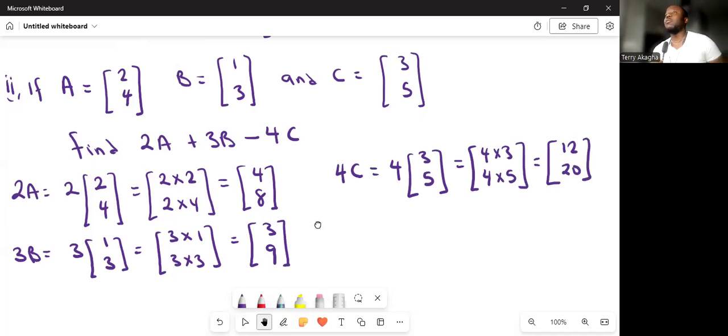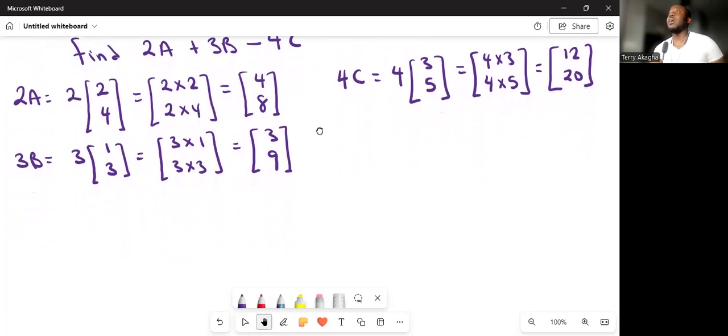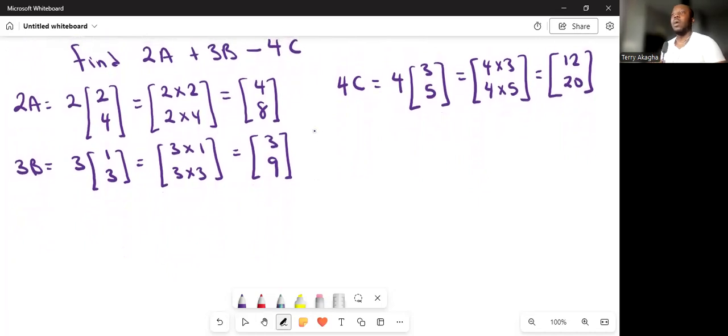So we're not looking for each of these, we're looking for the combination: 2A plus 3B minus 4C. You can solve this at the same time because it's addition and subtraction, which have basically the same weighting. Or you can solve 2A plus 3B, get an answer, then subtract 4C from it. It depends on you.